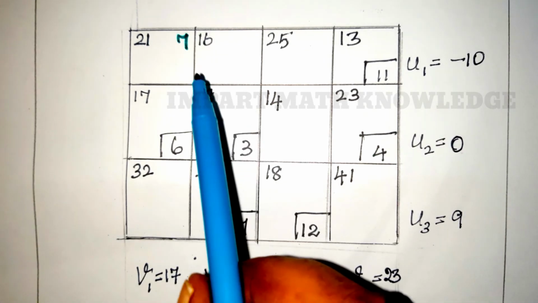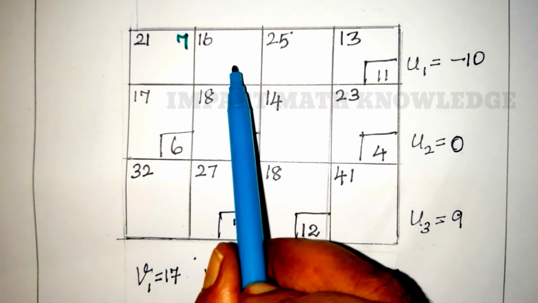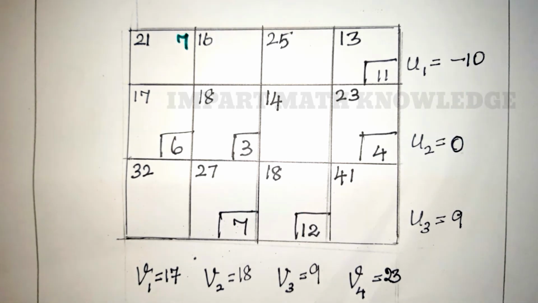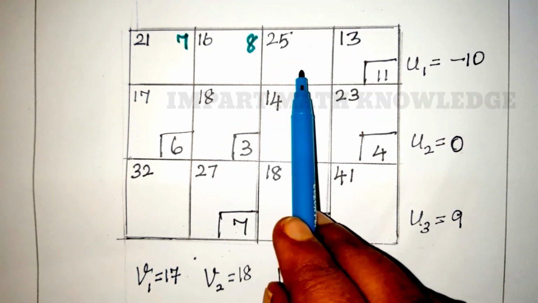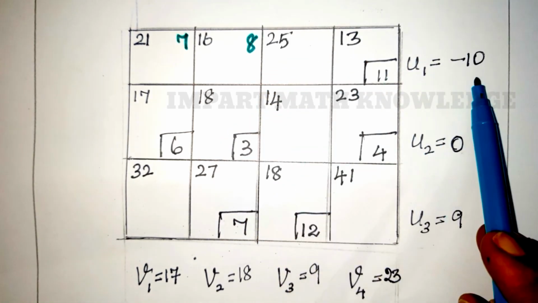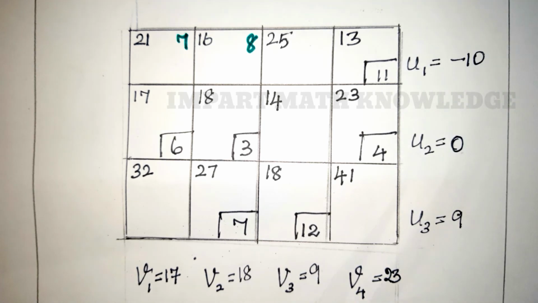And this is an unallocated cell. For this cell U value is minus 10, V value is 18. If you add these two values you will get 8. This is an unallocated cell. For this cell U value is minus 10, V value is 9. If you add these two values you will get minus 1.